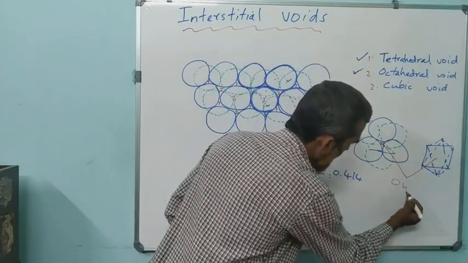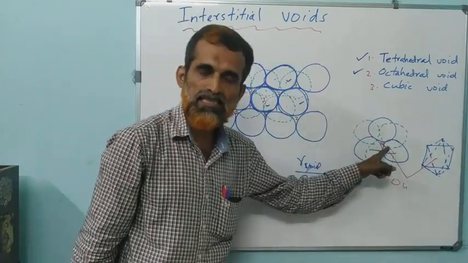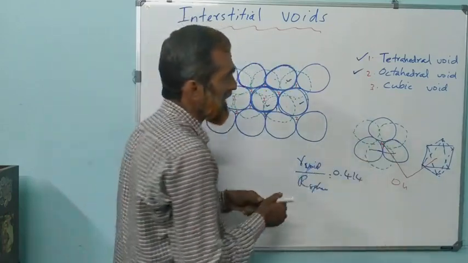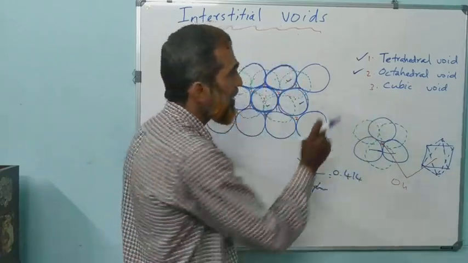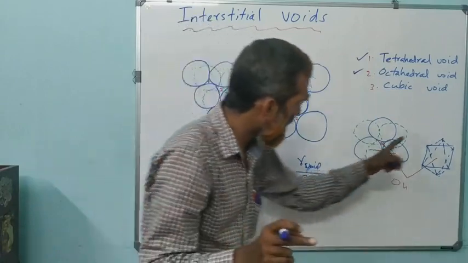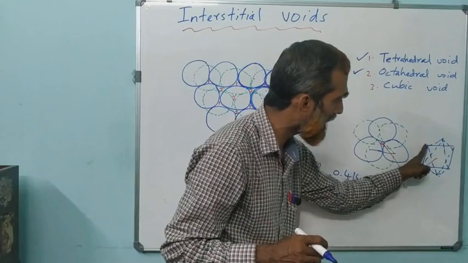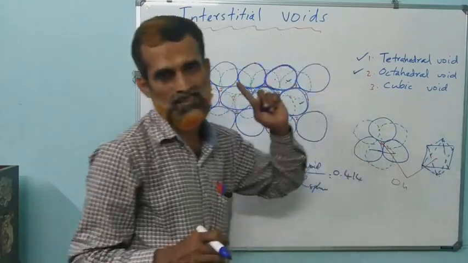So how do you define the octahedral void? It is the empty space at the center of 6 touching spheres. Don't get confused by the term octa. Octa means 8, because this geometry has 8 sides, but the number of spheres involved is only 6. Remember that.